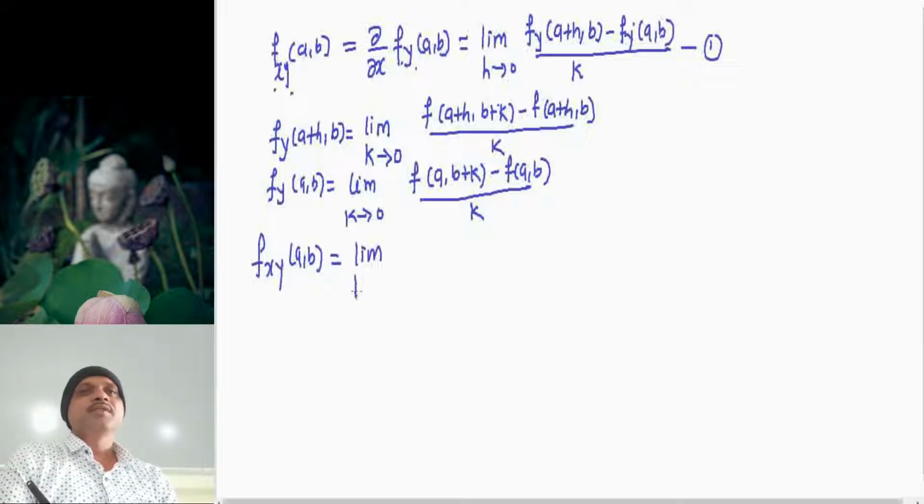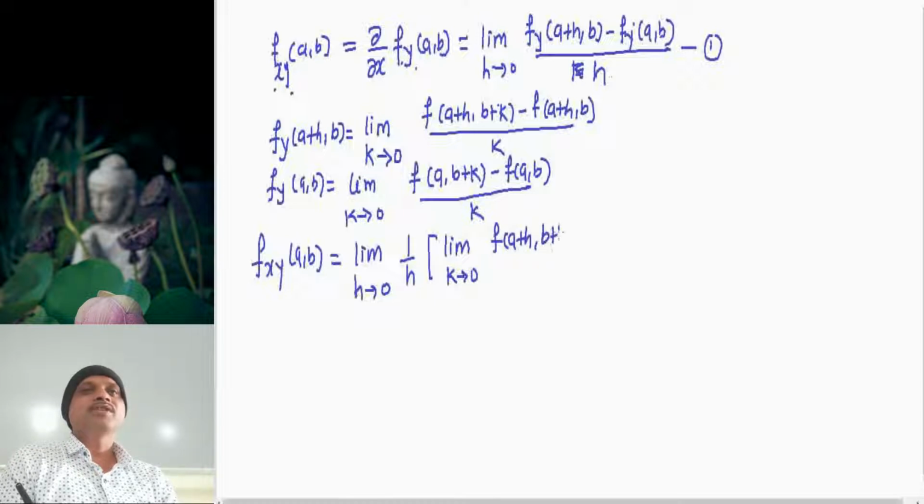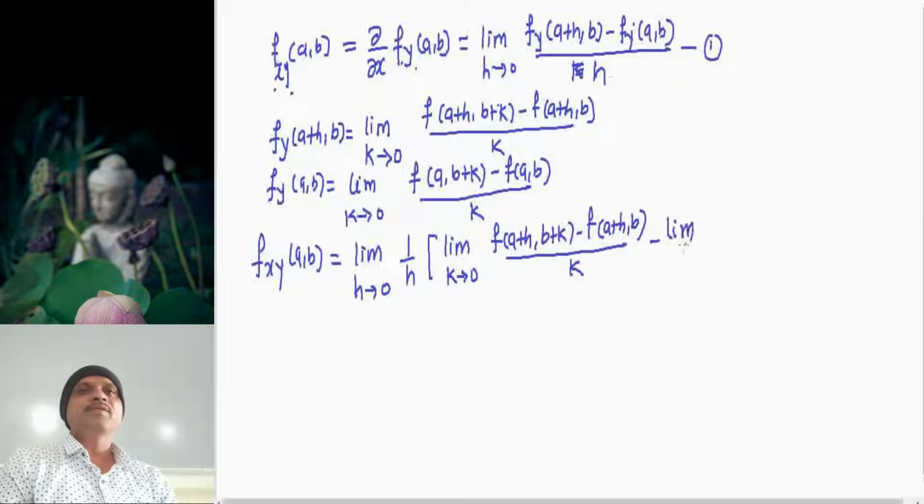Here is a mistake, friend, we are differentiating with respect to h, so here there must be 1 divided by h into f_y at a, which is the limit k tends to 0 of f(a plus h, b plus k) minus f(a plus h, b) divided by k, minus the limit k tends to 0 of f(a, b plus k) minus f(a, b) divided by k. Okay, so we get this derivative, this expansion.